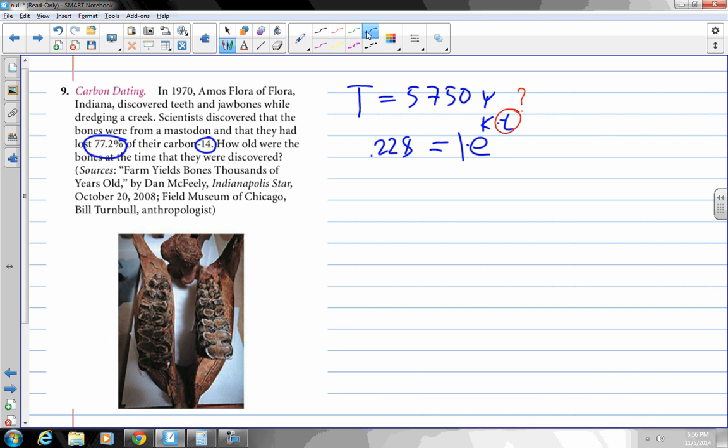So we have kind of two unknowns. We don't know the rate, but we can easily find the rate because we know the half-life, right? So k equals ln of 2 divided by 5750.